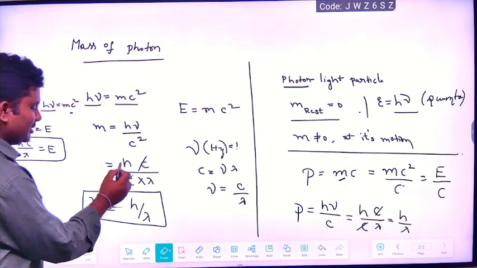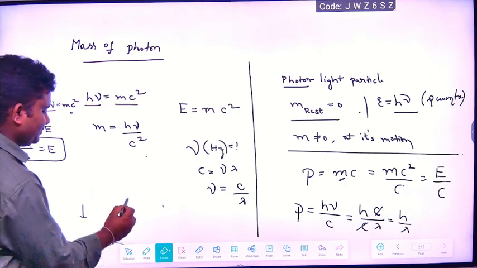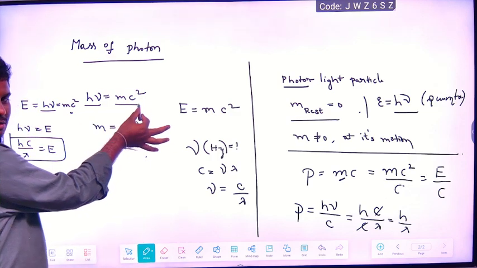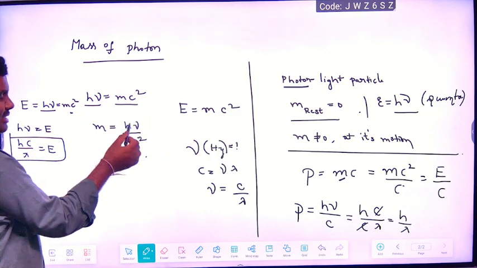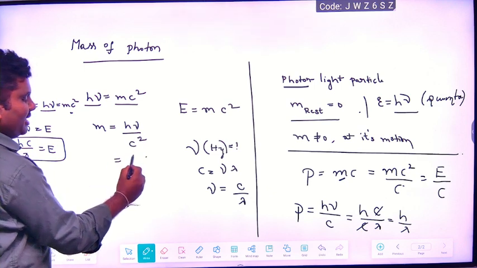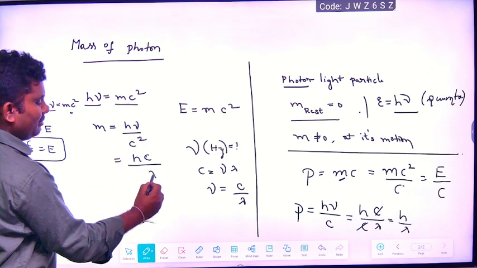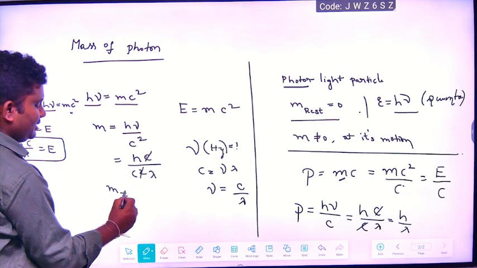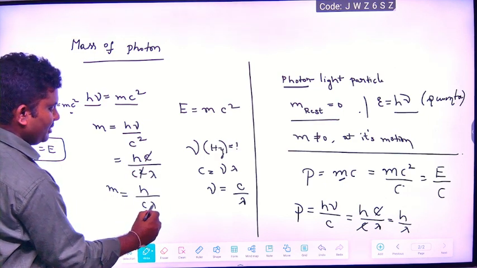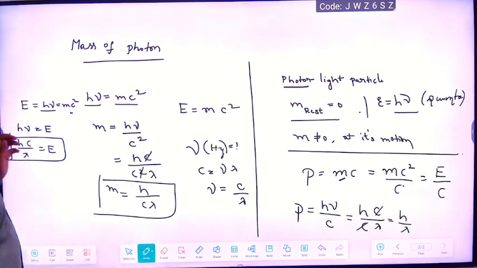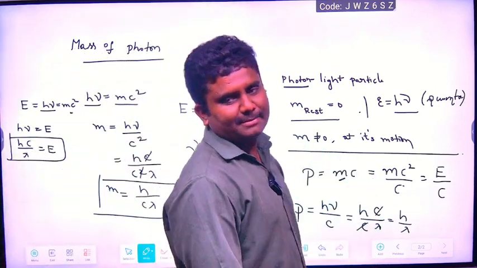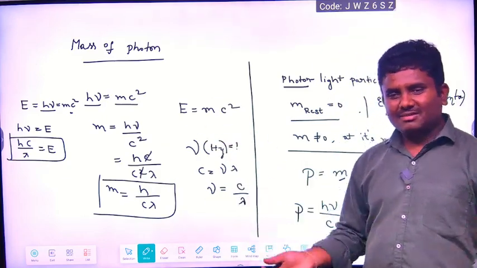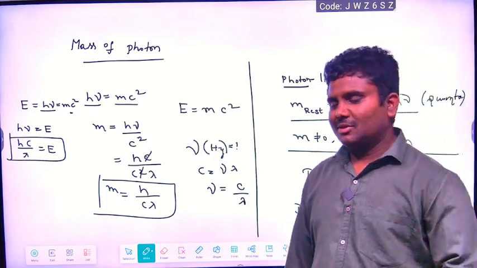Correct? m is equal to h mu by c square. Now mu is equal to what? c by lambda. C divided by lambda, again c square will be there. One c cancels, so mass is h by c lambda. Please change it. Somewhere we will not take the proper c square or c, and that will change everything.